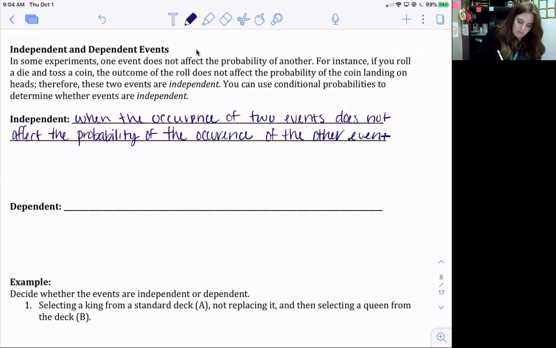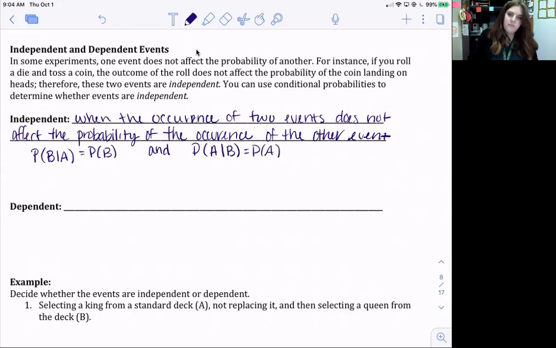So we could say the probability of B given event A already happened is simply the probability of event B, and the probability of event A given event B equals the probability of event A. Dependent, this is just events that are not independent. The book has a great definition for it.